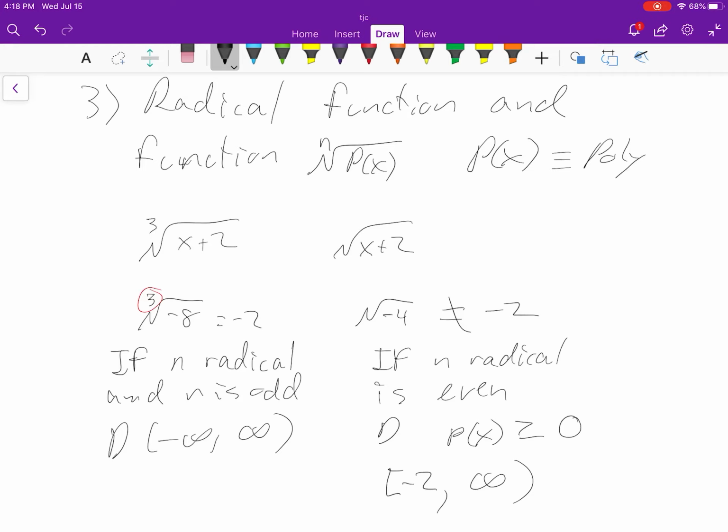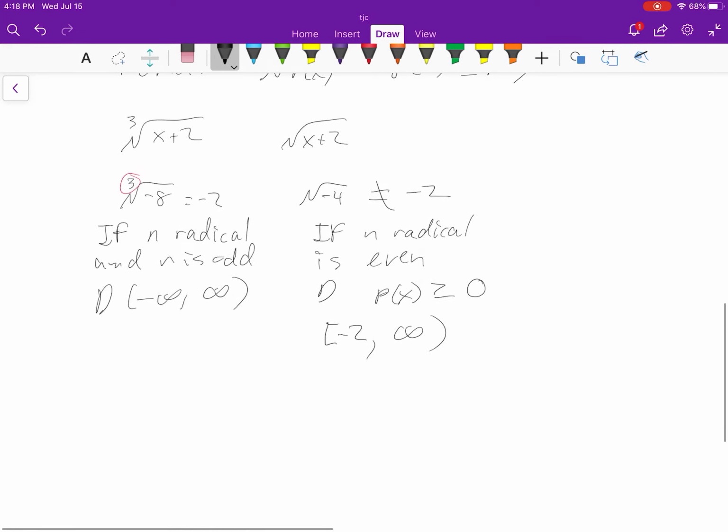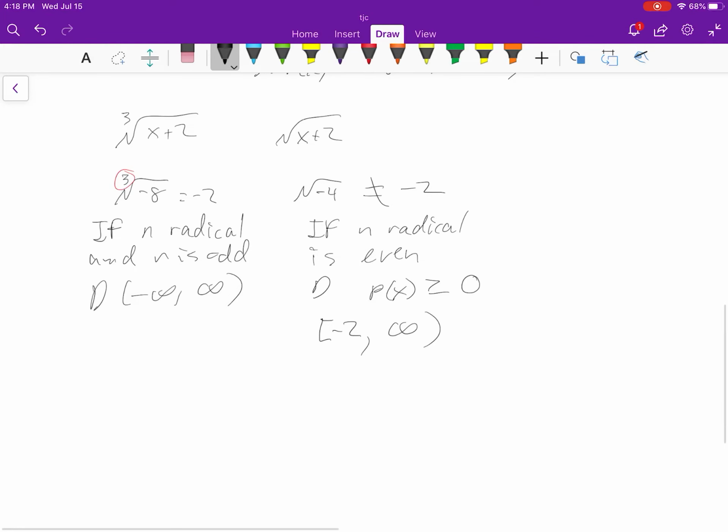So those are your three different types of functions that we look at in this chapter. But none of this has to do with operations on functions. We just had to define the three main types of functions we're looking at. And what we're going to be doing in this chapter is really operations on functions.